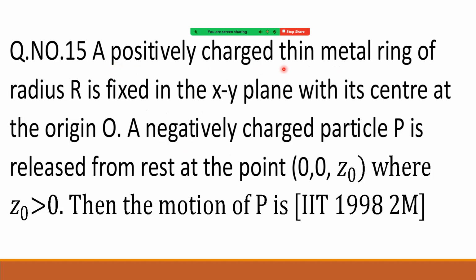A positively charged thin metal ring of radius r is fixed in the xy plane with its center at the origin O, and a negatively charged particle P is released from rest at the point 0, 0, z naught, where z naught is greater than 0. Then the motion of P is, this is a question asked in 1998 for 2 marks.